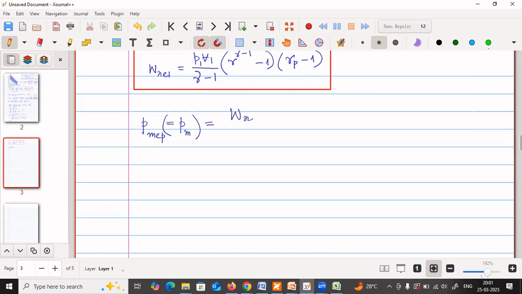W net divided by the swept volume that we have defined. So the definition is net work output divided by swept volume.